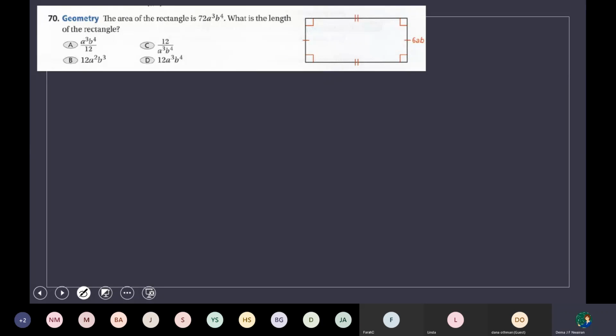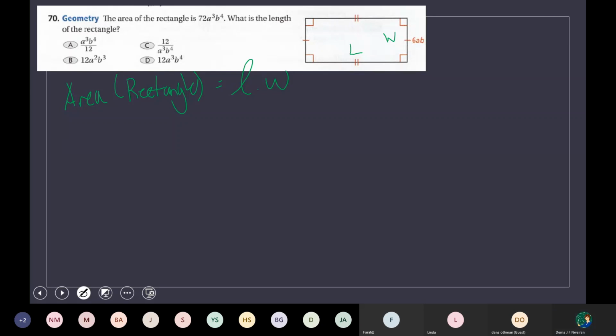Now, this is number 70. All of us know that the area of the rectangle is the length times the width. Here is the length and here is the width.